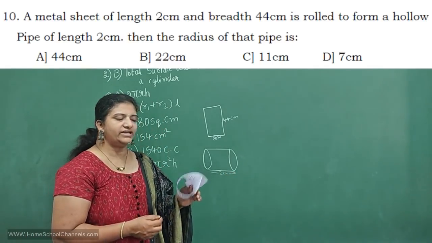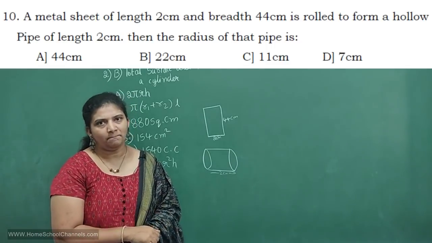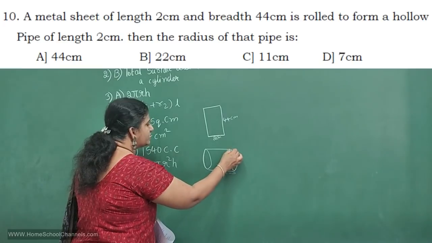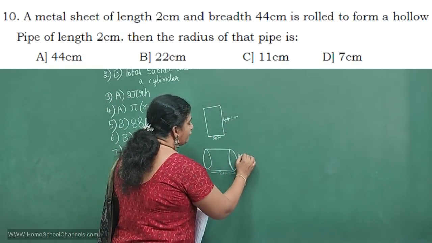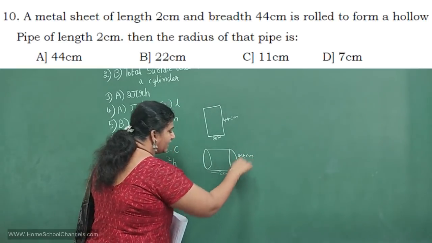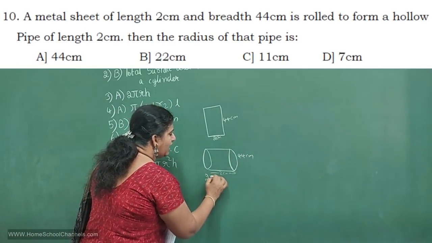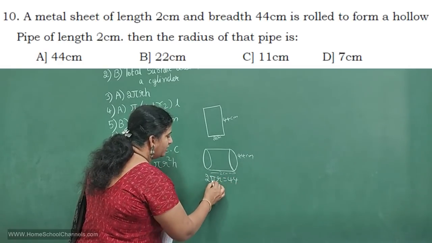What is the question asked here? Find the radius of the pipe. Here this shows the circumference of a circle, which is 44 centimeters. Circumference of a circle formula: 2 pi r is equal to 44 centimeters. Find r here.